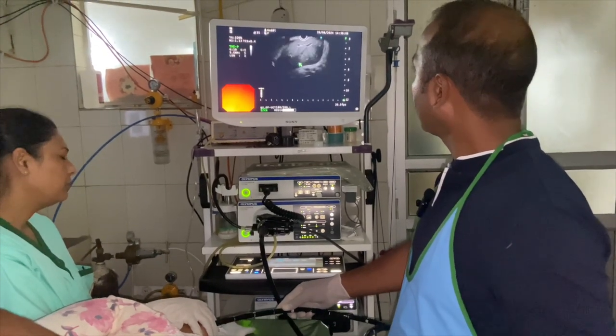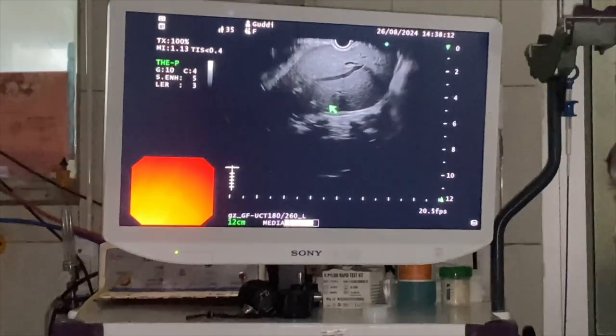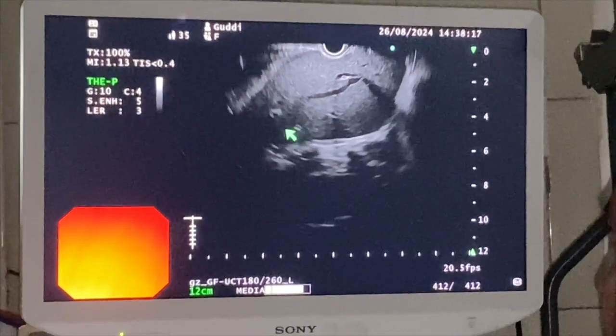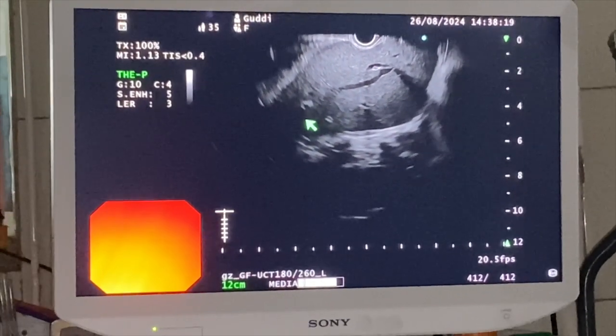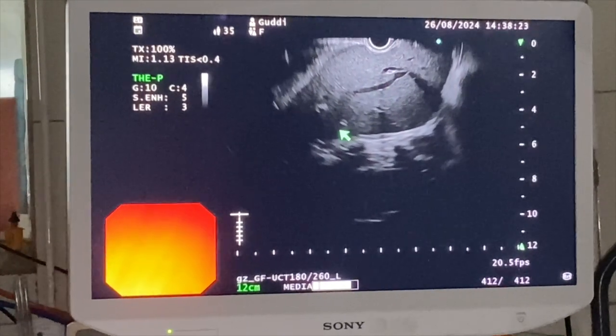One more segment we can identify over here is the distal most, segment 4B. So segment 2, segment 3, segment 4B.